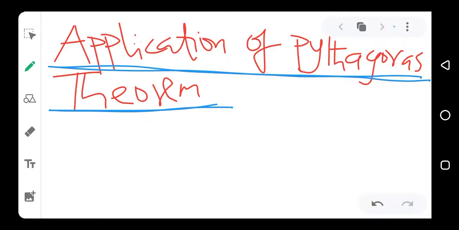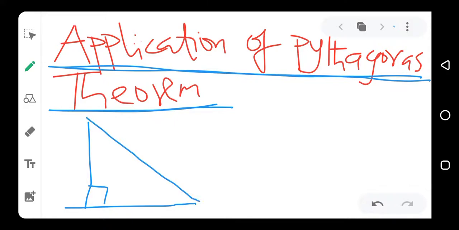If this is a tree and this is the floor, the contact between the ground and the tree will always result in 90 degrees. So they are perpendicular to each other, and because of that, we can always join this side to calculate any of the sides that we are looking for.